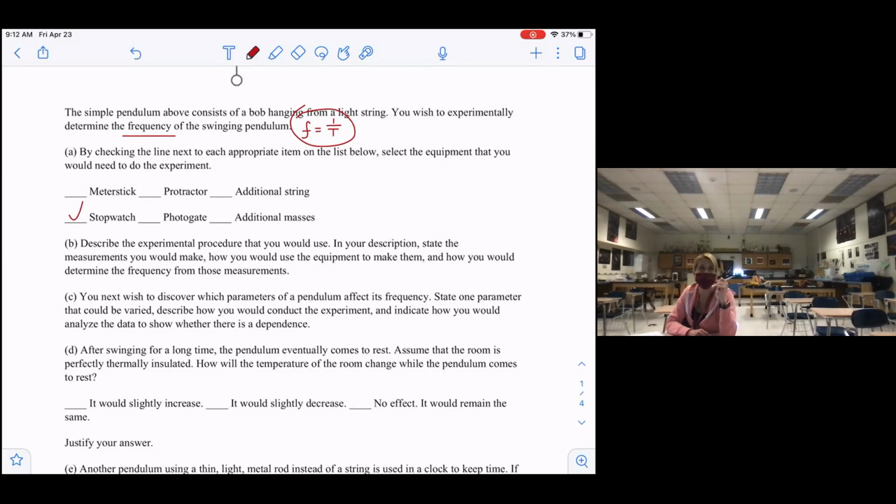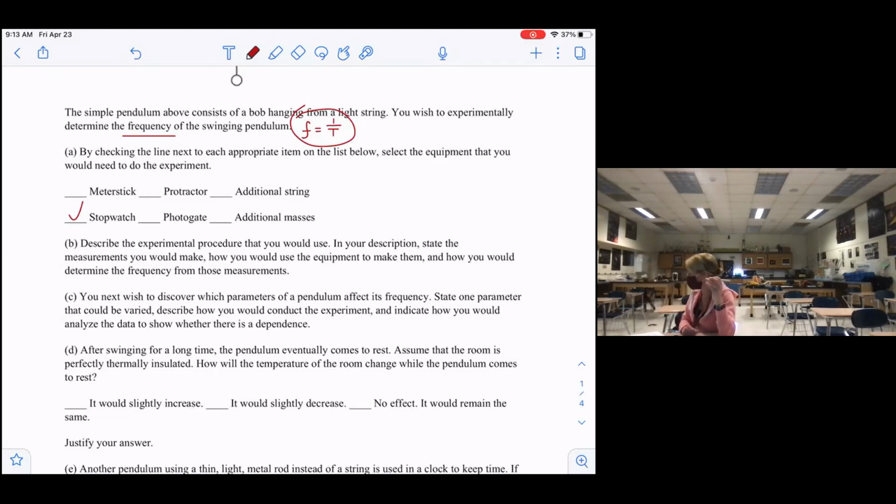I would also use the protractor to measure an angle and make sure to release the bob, the pendulum, at the same angle each time. However, if you put something about changing the length of the string or changing the angle or changing the mass, then that is going to be incorrect. Yeah, you will definitely lose the points on part 1 then.